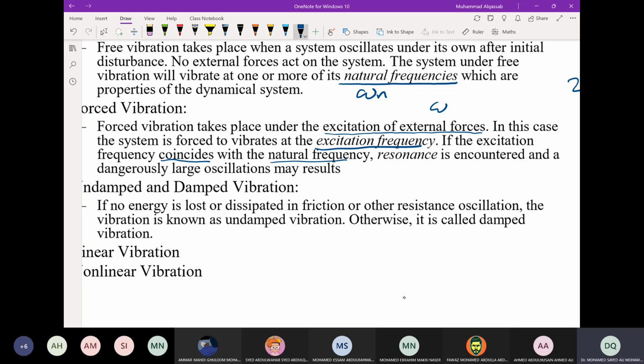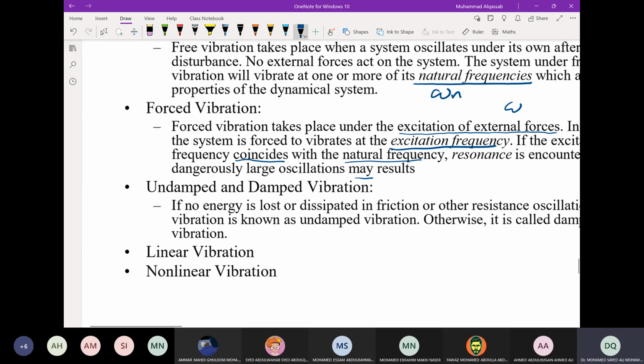They say may because if you have a viscous damper, then you can limit the amplitude of the oscillation. But if you have no damper or minimum damping, this is going to cause large oscillations that will be dangerous and can cause breaking of the spring.